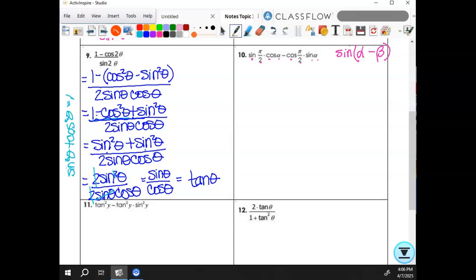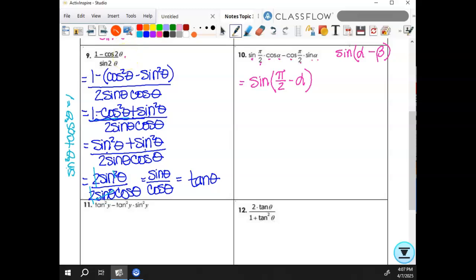So that means this could just equal sine of pi halves, because that's alpha, minus the beta, which is really alpha right there, and I'm done. So that works, okay?